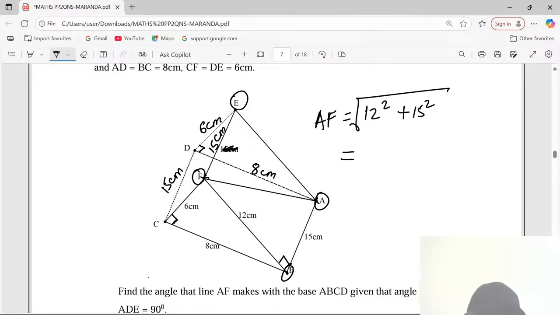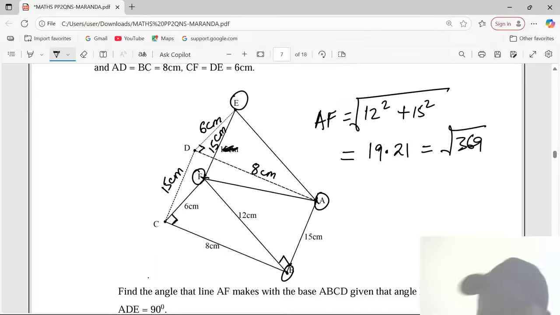I'm getting exactly 19.21. Or we can say this is the square root of 369.